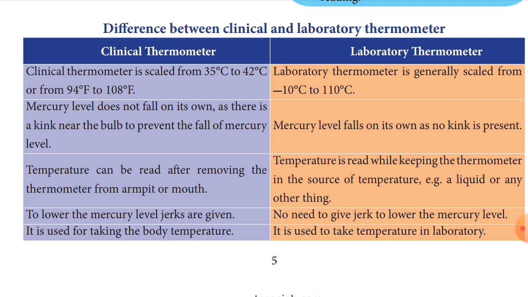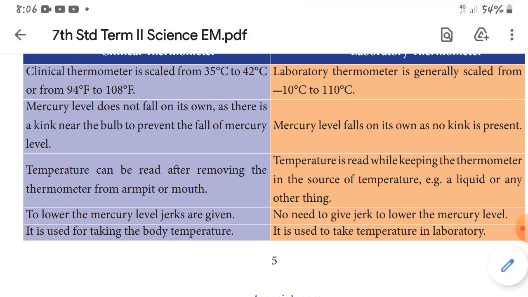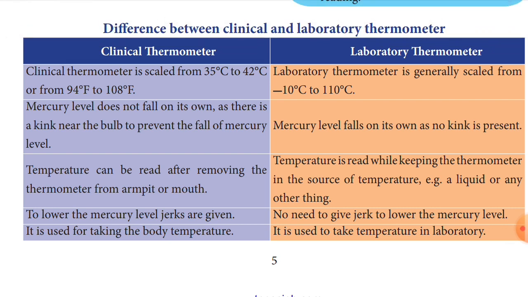Laboratory thermometers generally scale from minus 10 degrees Celsius to 110 degrees Celsius. This type of laboratory thermometer has only the Celsius scale, not Fahrenheit. This is clear to you, children? And see the clinical thermometer, second point: the mercury level does not fall on its own, as there is a kink near the bulb.